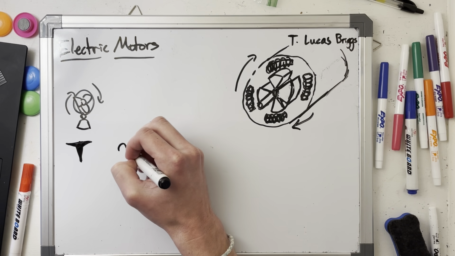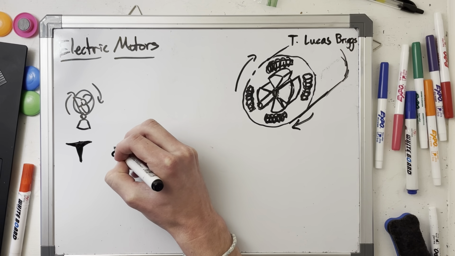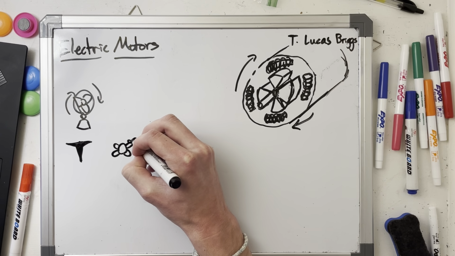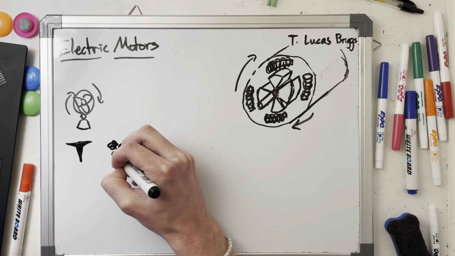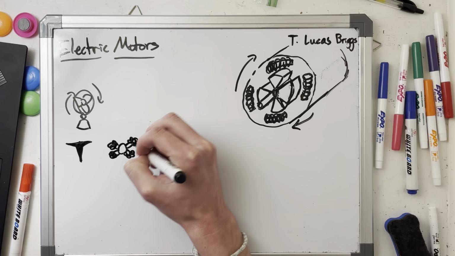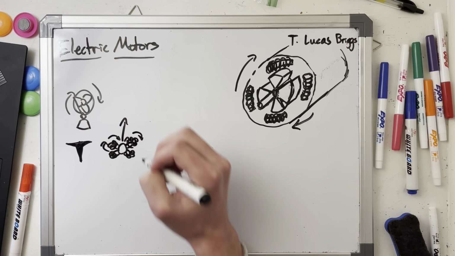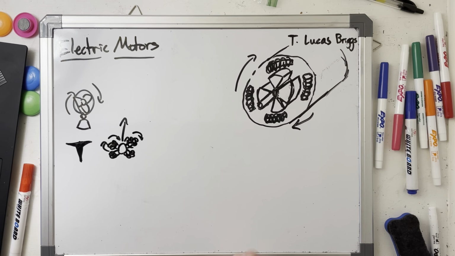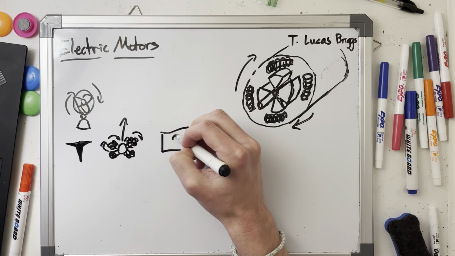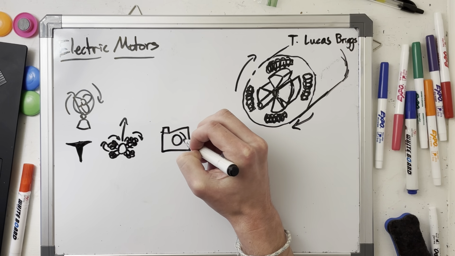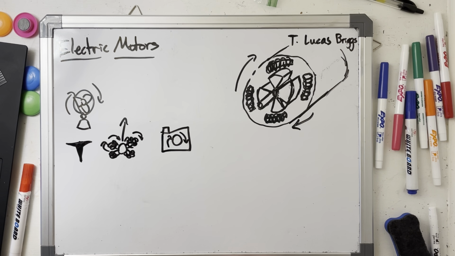You've got your quadcopter drones that have become very popular with companies like DJI. Now we impart rotational motion to these rotors to make sort of 4 separate helicopters, and that pushes the drone upward. If you have a camera, or even your phone camera might have a tiny little motor in it, and if you see the lens of your camera spin, that's probably a motor doing that.